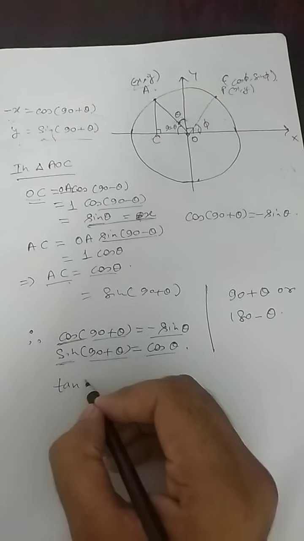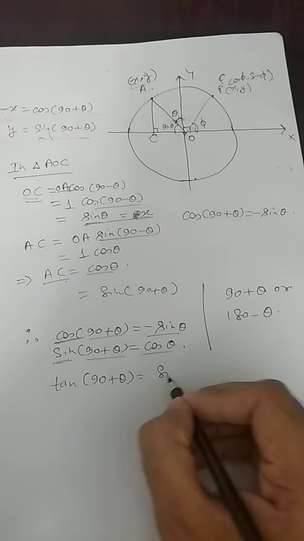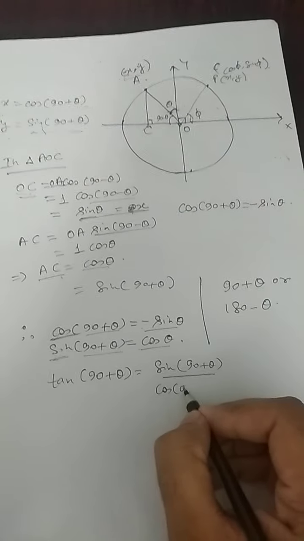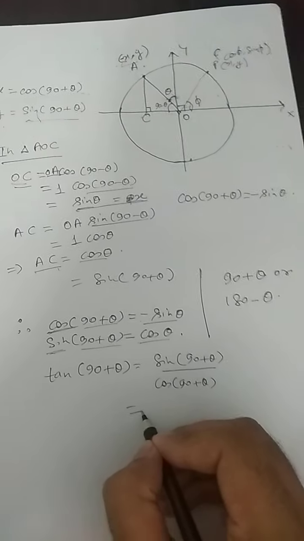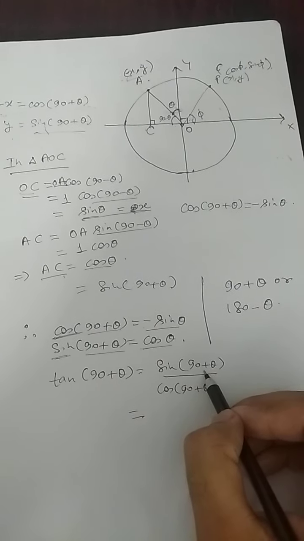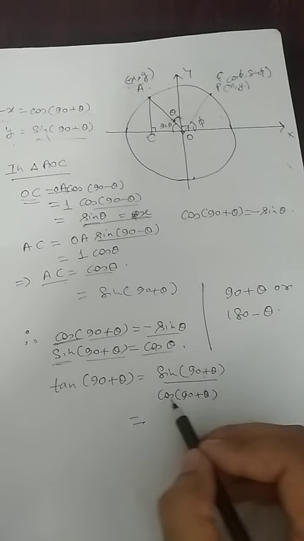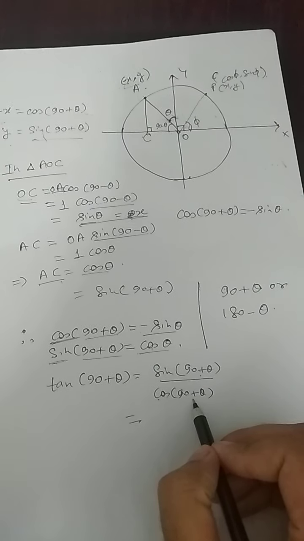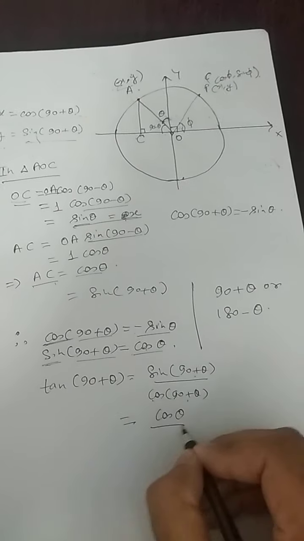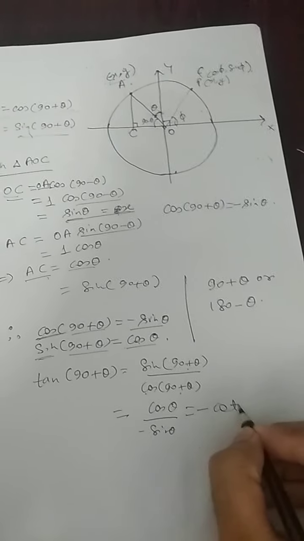Consequently, tan of 90 plus theta can be written as sine of 90 plus theta by cos of 90 plus theta, with sine positive and cos negative, and here we shall get cos theta by minus sine theta, and that is minus cot theta.